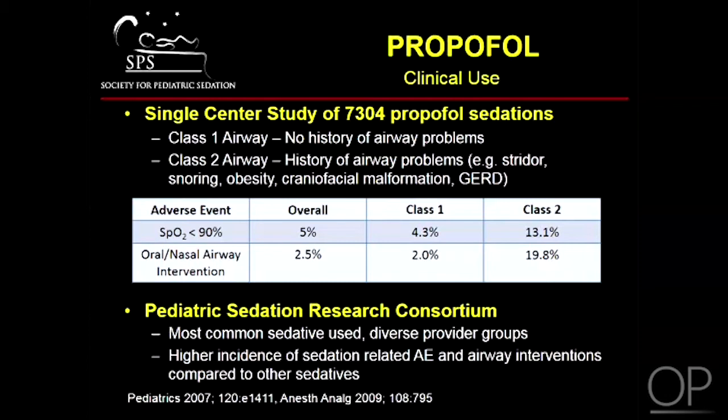When patients were categorized into 2 groups based on a history of airway problems, patients with any history of airway issues such as stridor, obesity, craniofacial malformations, or swallowing dysfunction, both the incidence of oxygen desaturation and the need for airway intervention were significantly greater in the group with airway problems, compared with otherwise healthy patients.